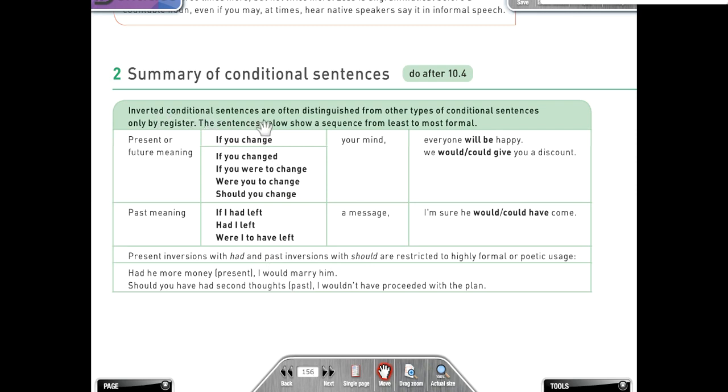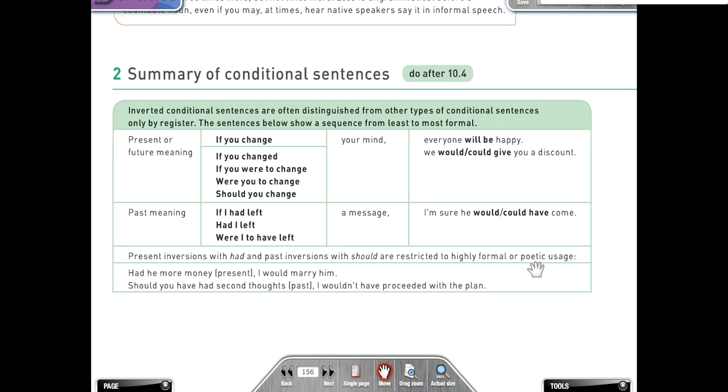Inverted conditional sentences are often distinguished from other types of conditional sentences only by register. The sentences below show a sequence from least to most formal. Present inversions with have and past inversions with should are restricted to highly formal or poetic usage.